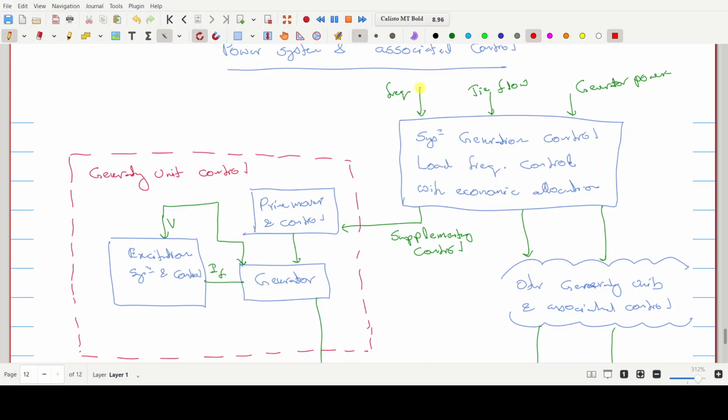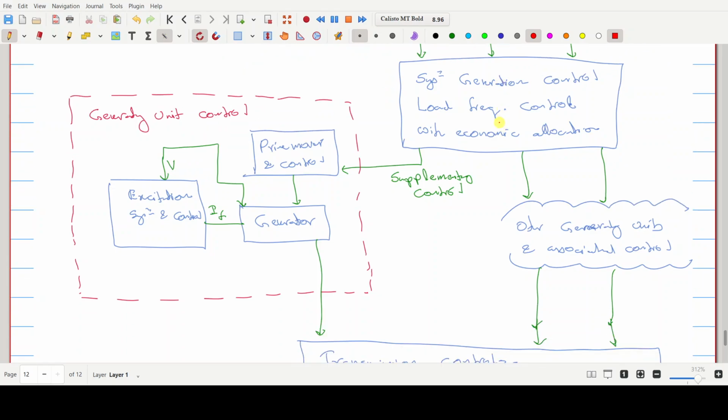takes the frequency measurements and the generator power measurements, and also if there are tie lines, that means the lines between different parts of the power systems, those are called the tie lines. And the power flow in these tie lines are also measured.